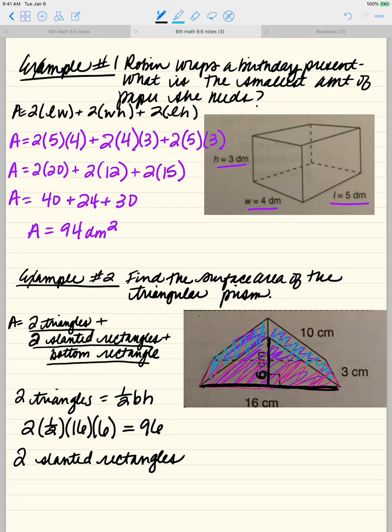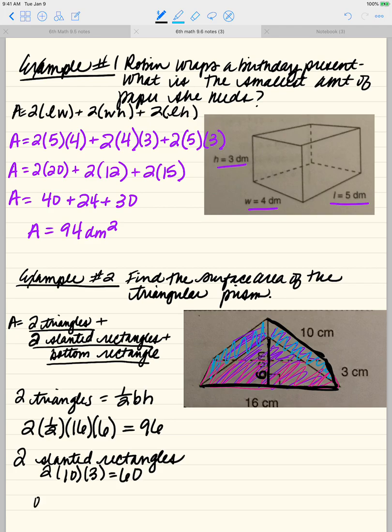So the area of the two slanted rectangles is going to be 2 times, because we have two of them, 2 times the length times the width. So let's look. Here's the length right here, okay? 2 times 10 times the width is 3, okay? So that's 2 times 10 times 3. 2 times 10 is 20. 20 times 3 is 60.